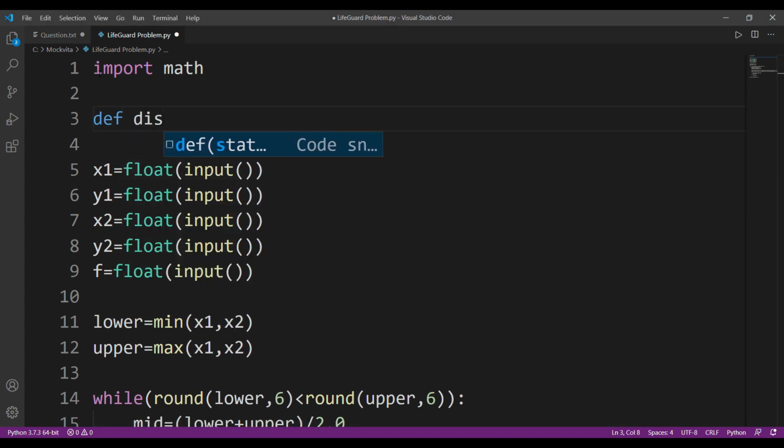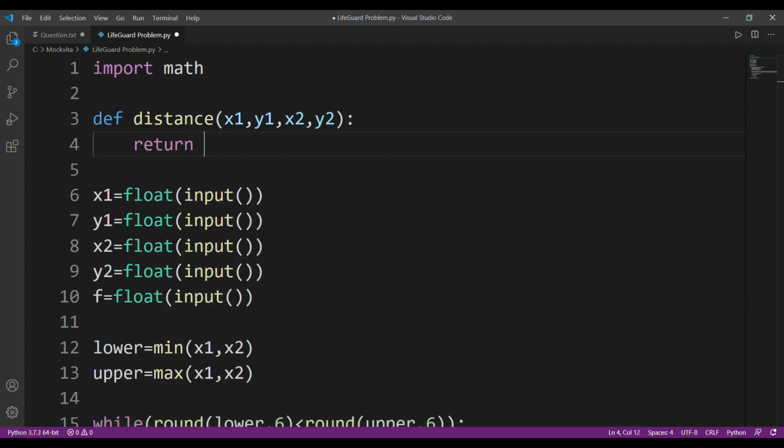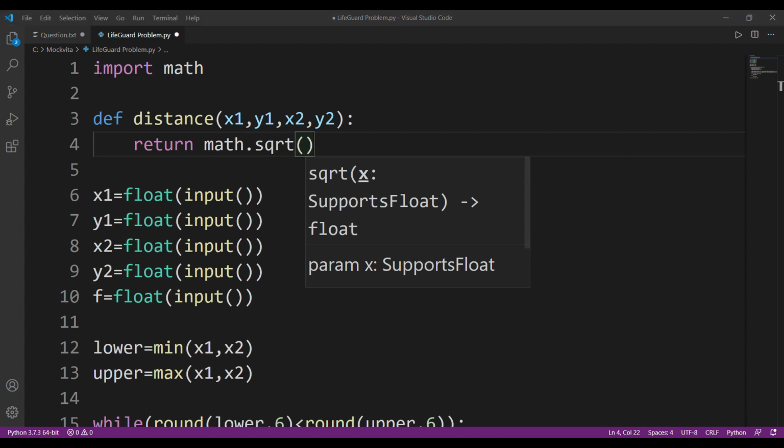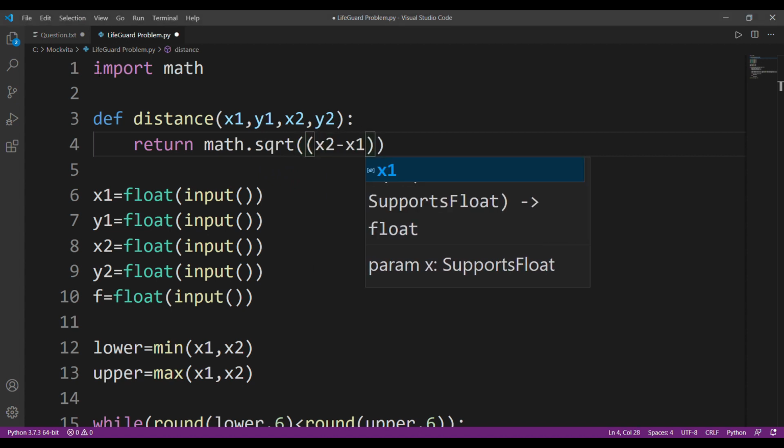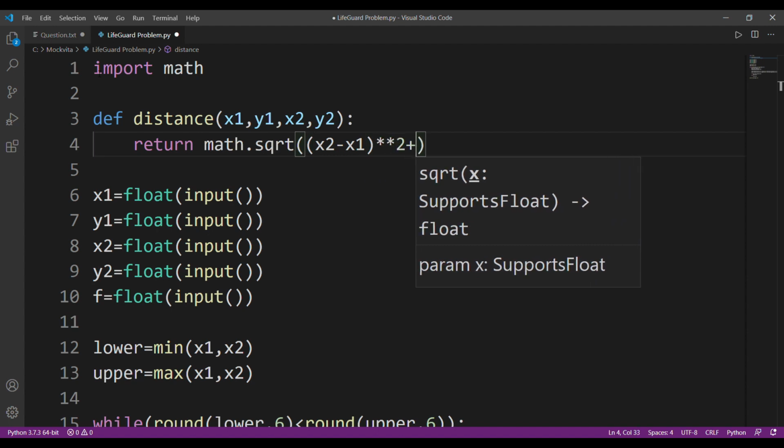I'll just create my function distance with four coordinates x1 comma y1 comma x2 comma y2. And we'll return math.sqrt of x2 minus x1 square plus y2 minus y1 square.